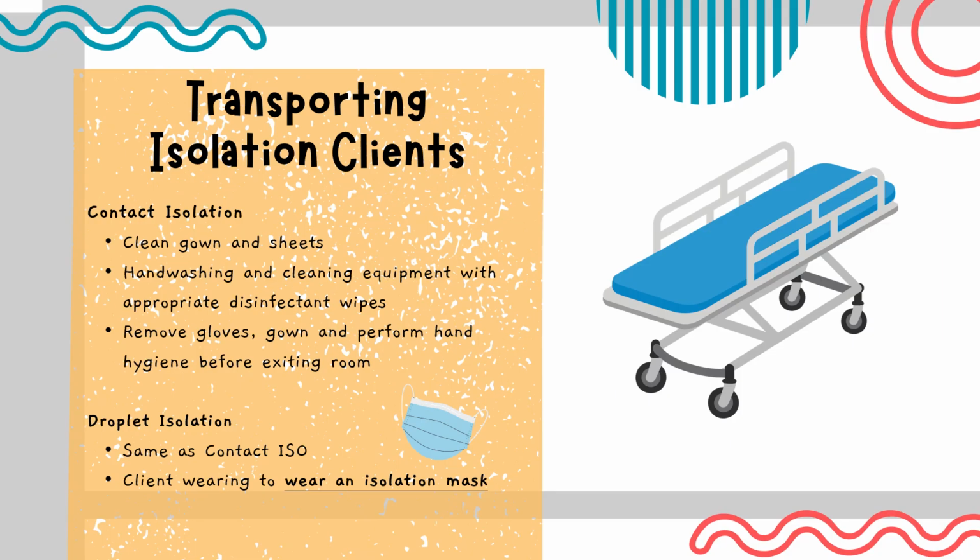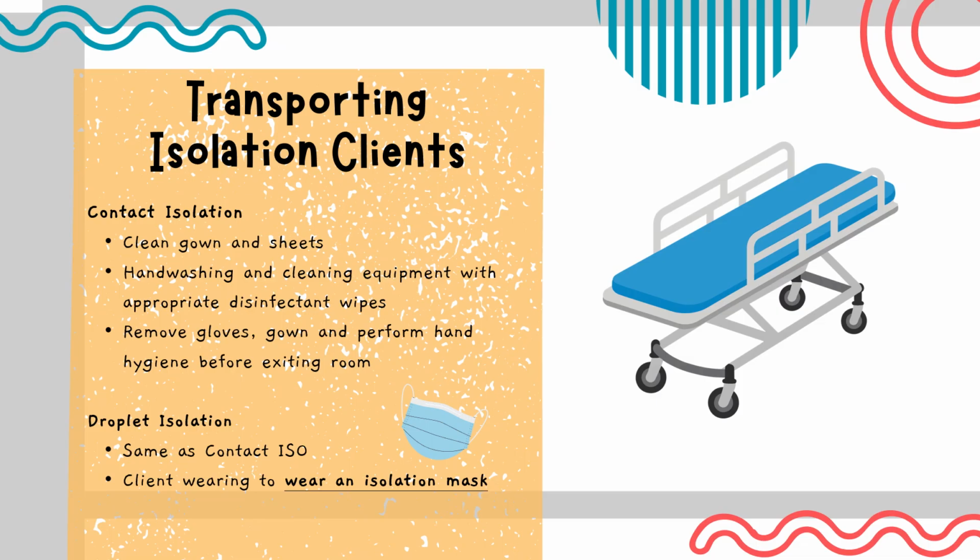So when we're transporting isolation clients, what do we do? If you have a contact isolation patient, before we get them out of the room, we need to make sure they have a clean gown and clean sheets on their bed. So we're going to change everything. We are then going to make sure that we are performing hand hygiene and cleaning equipment with appropriate disinfectant wipes.